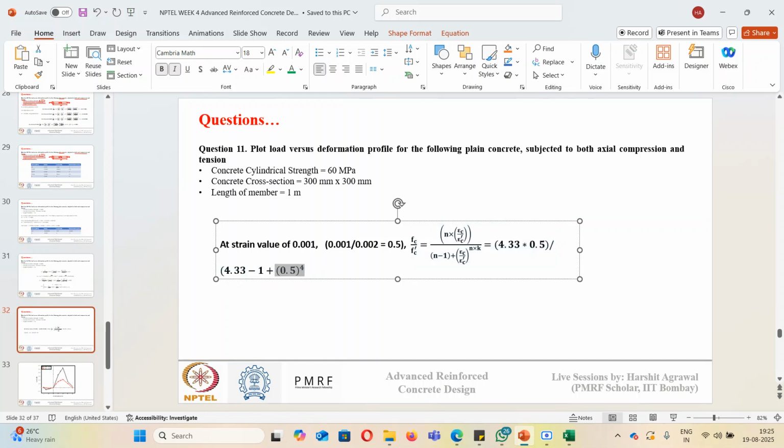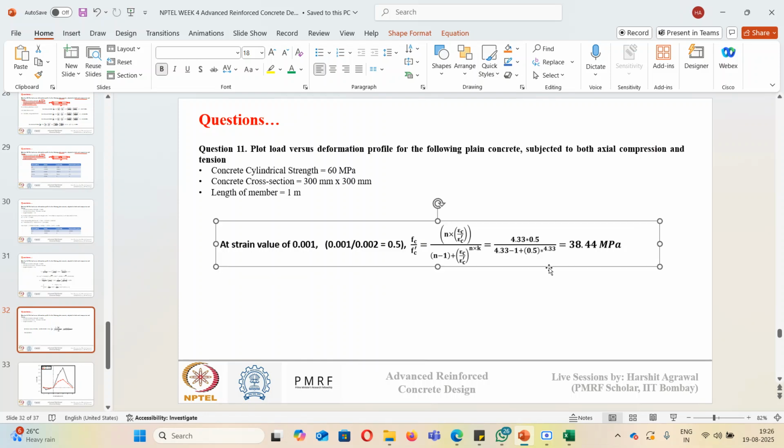Since k is 1, n into k will be just 4.33. Upon doing this calculation, the fc value will come out to be 38.44 MPa. So this was for a strain of 0.001.